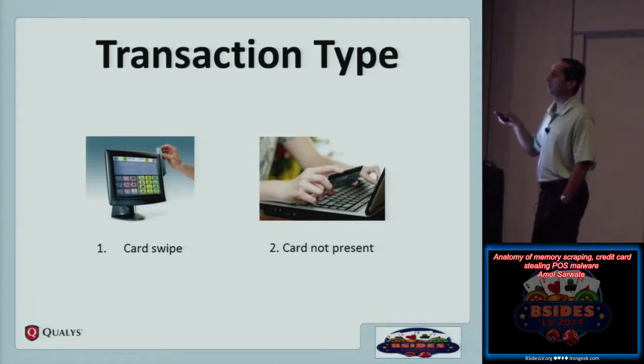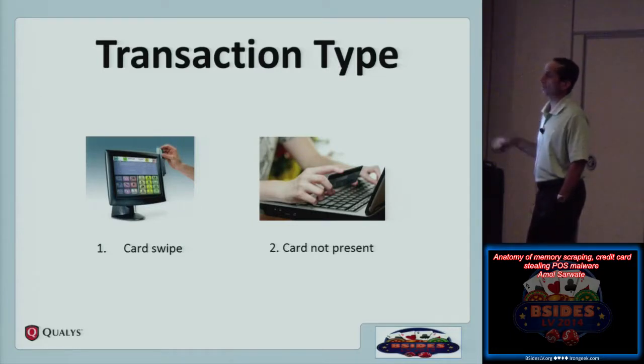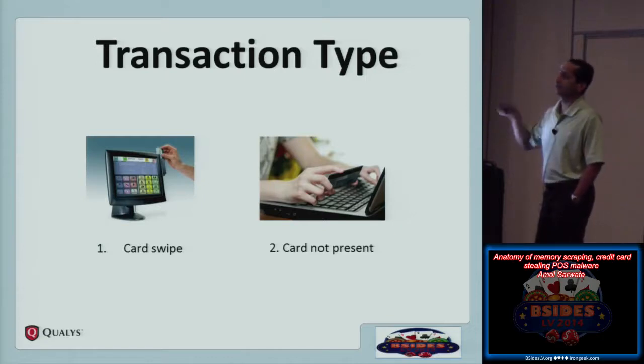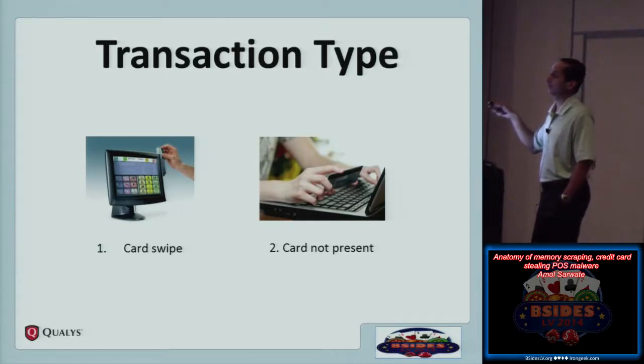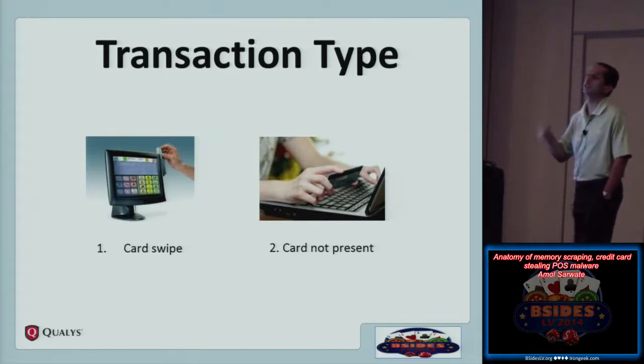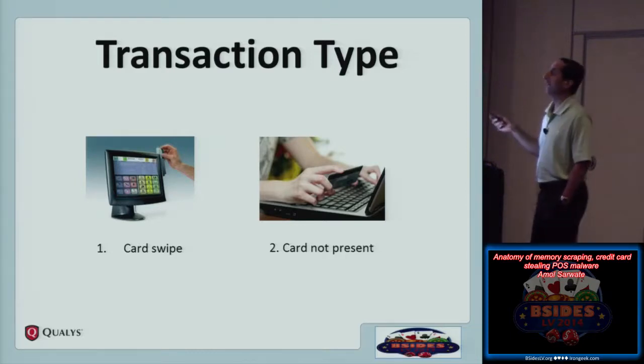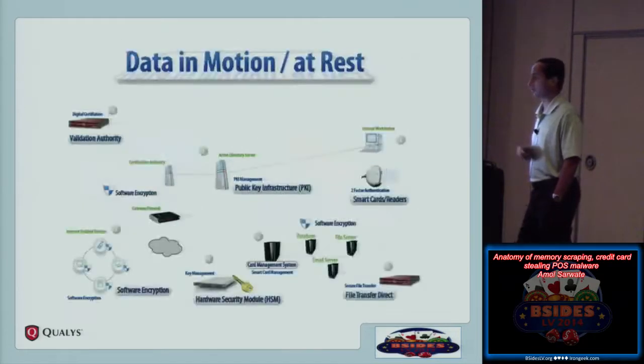When the card is not swiped, you don't know the CVV1, which is on the magnetic stripe. So they ask you for the CVV2, which is present physically on the back side of the card, just to make sure that you really possess the card, you really have physical access to the card. So these are the two types of transactions.